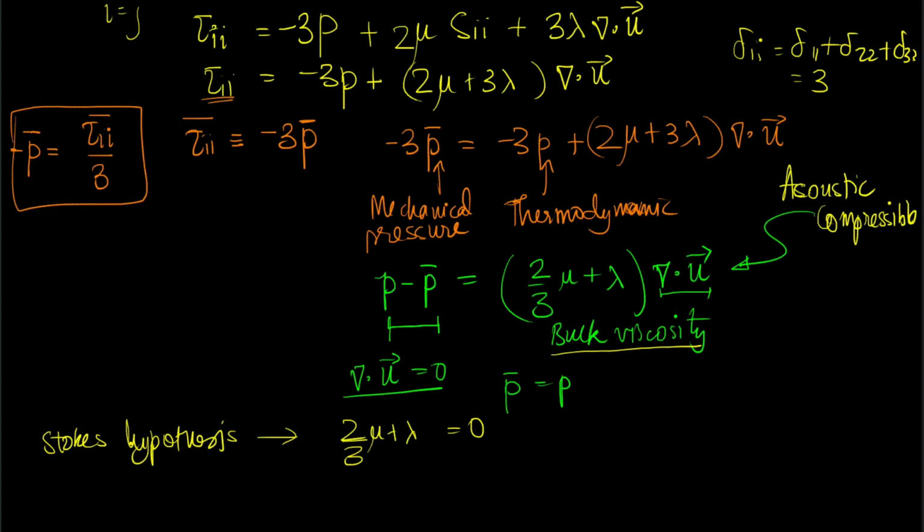So now, what have we inferred so far? We know that tau ij is minus p delta ij plus 2 mu sij plus lambda times the divergence of the velocity.